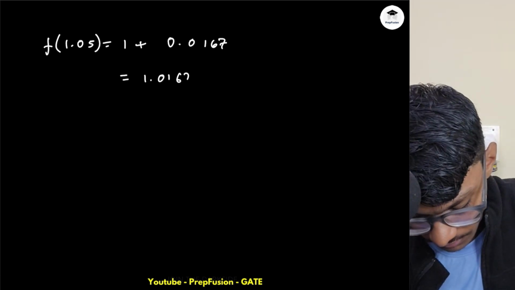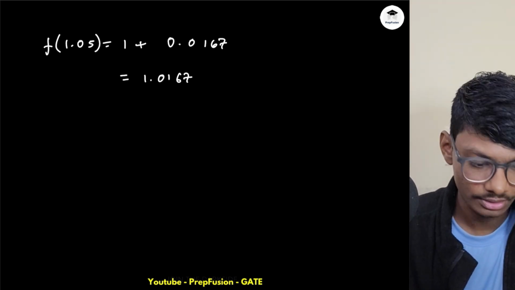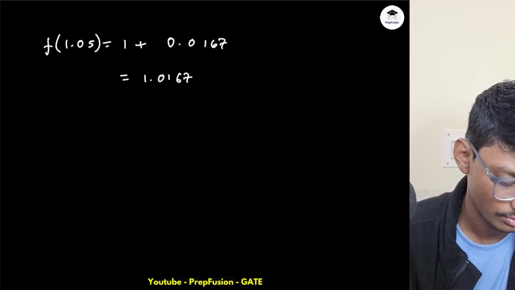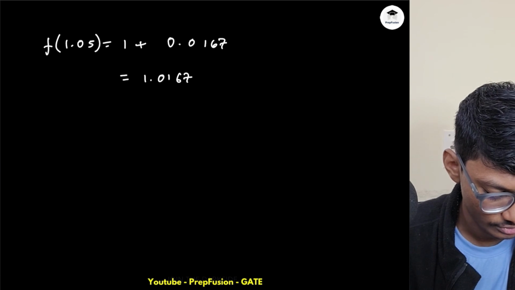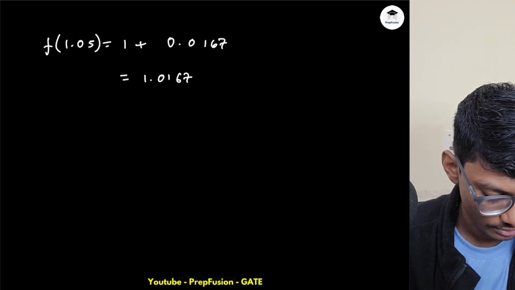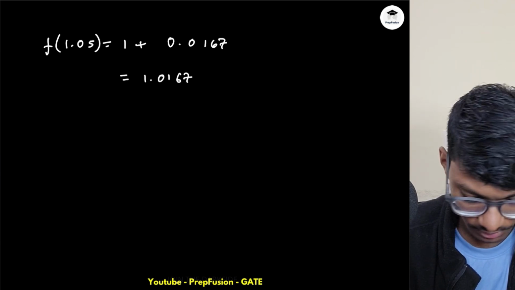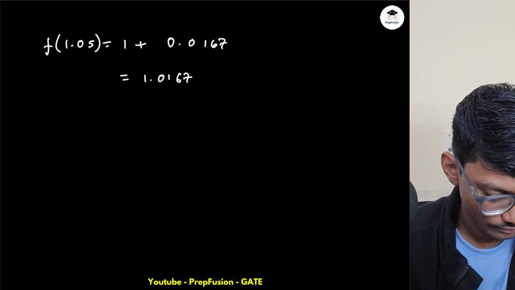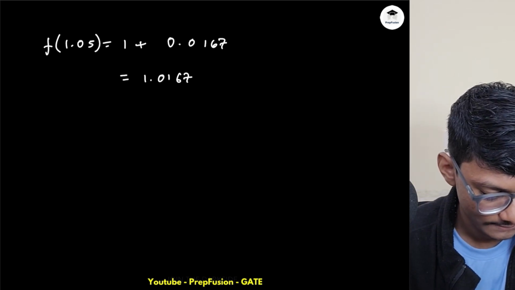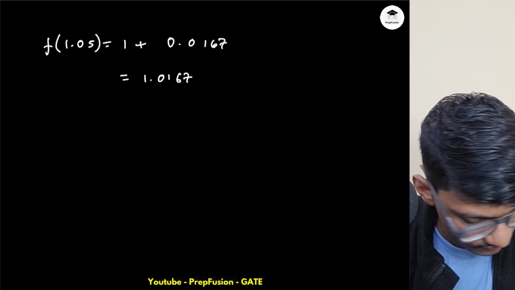So this is 1.0167. Let me find out from the calculator the cubic root of 1.05. I take 1.05 to the power of 1 divided by 3. It is 1.0164.